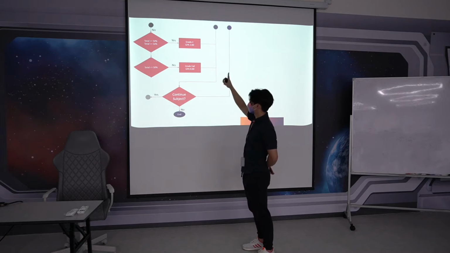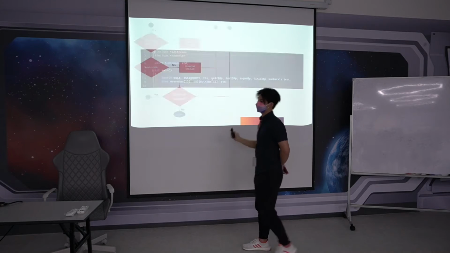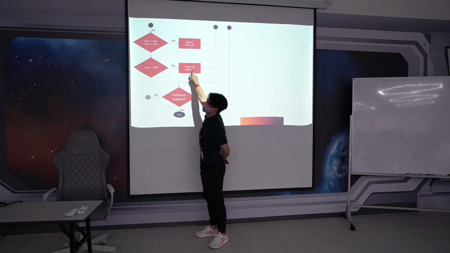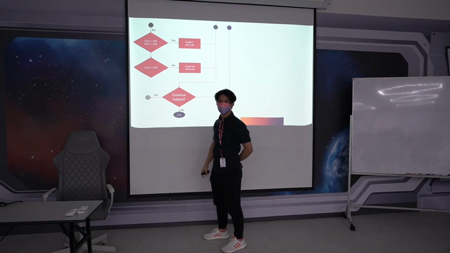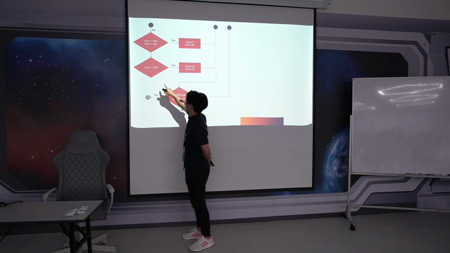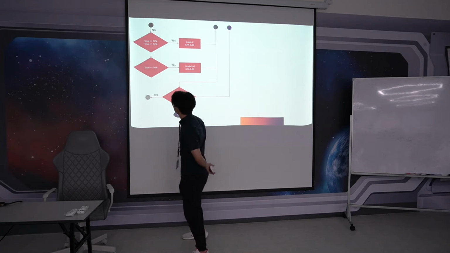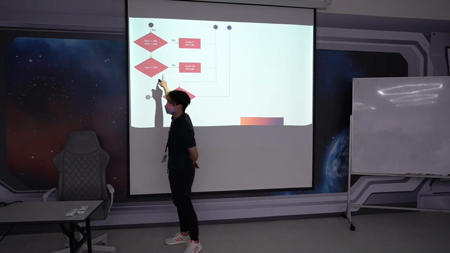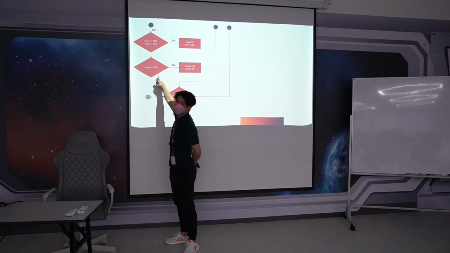If yes, we'll go to the start. If no, we'll end. Where is fail? Is that below? Oh, no. If total is lesser than 50, fail. No, that condition is no. This one? Yes.